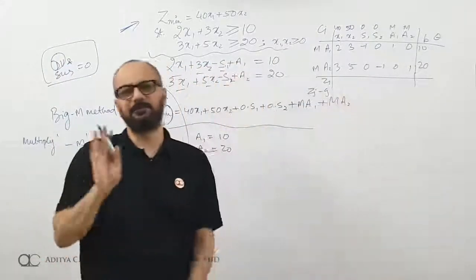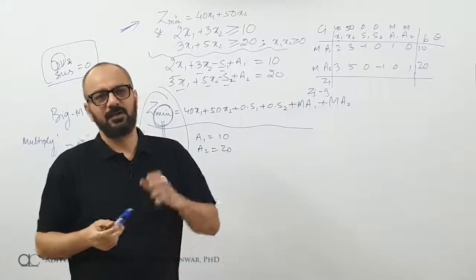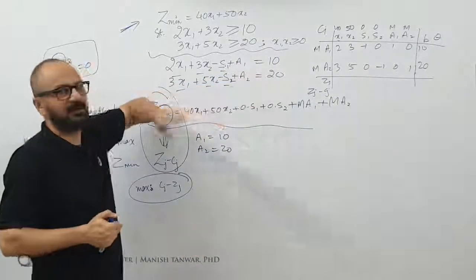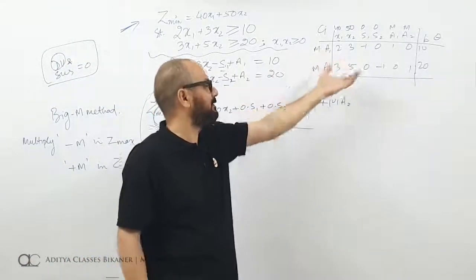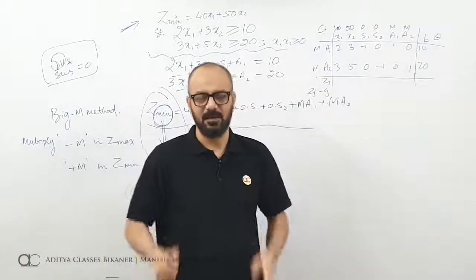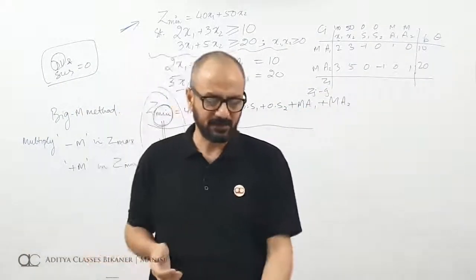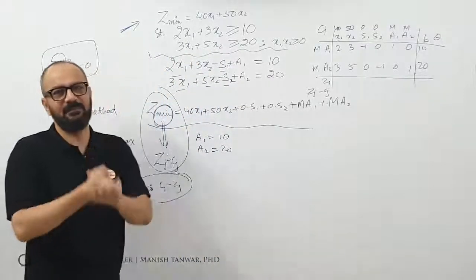Remaining everything is same. There will be no changes at all. So, in order to proceed with big M method, we should be knowing simplex very well. If we know simplex very well, this is the only difference, artificial variable. Except for that, everything is same. We will talk about this in lectures to come. This was it for the introduction of big M method.